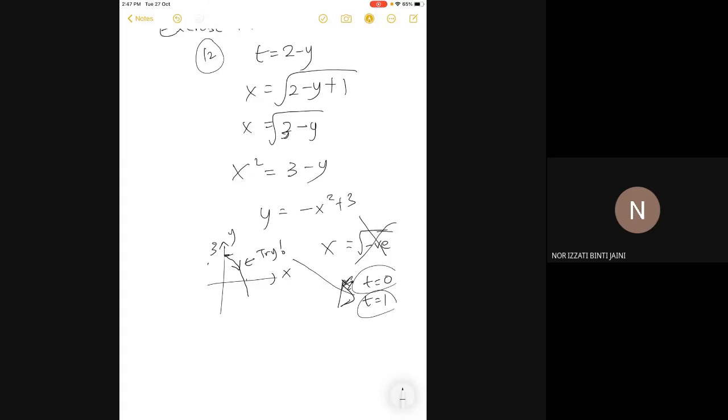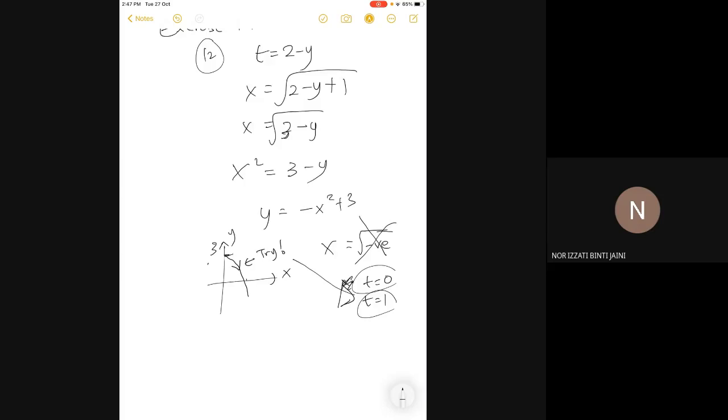Ada soalan lagi tak 1.2? Tak ada tu. Untuk parametric question, you mean?